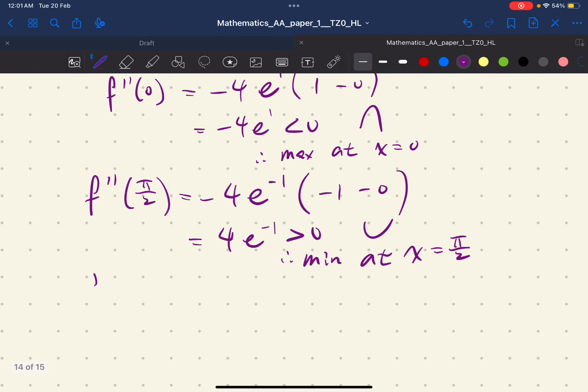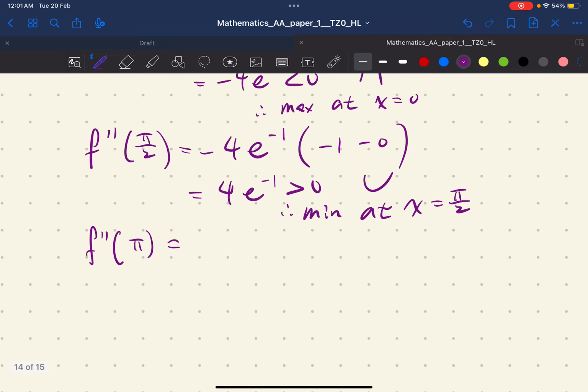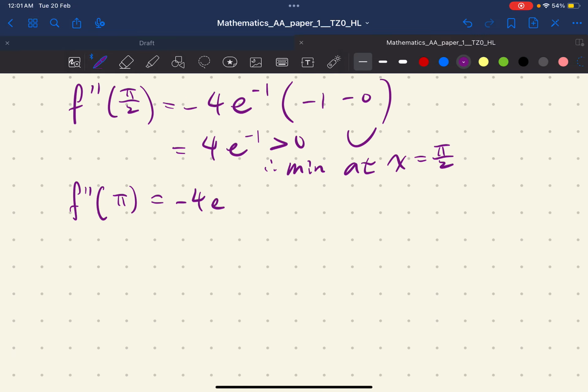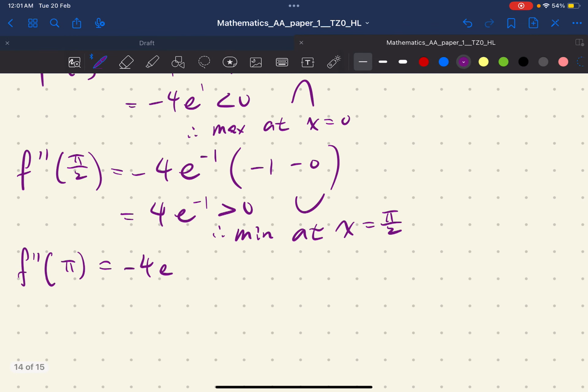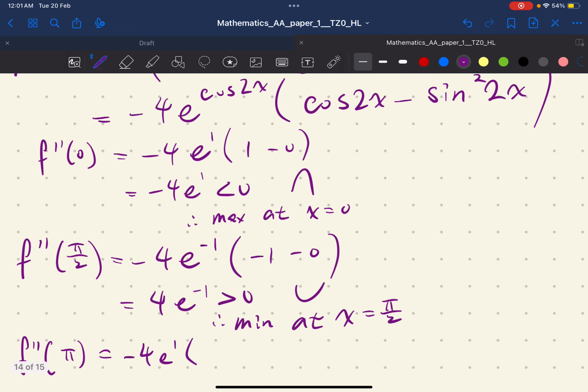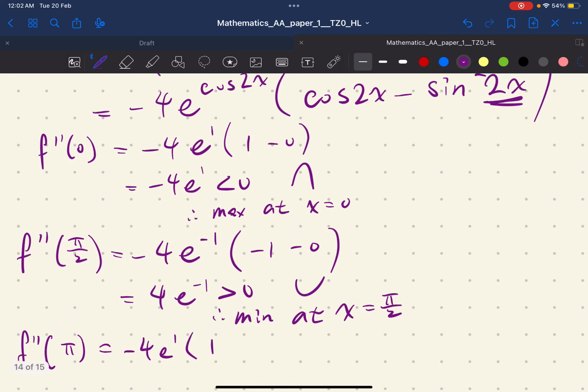And then the third one would be the same logic. Put in pi this time. So put pi in, then we have -4e, cosine 2 pi, which is 1. Cosine 2 pi is 1, so this is 1 again. And sine 2 pi is 0, so 0 squared is still 0.